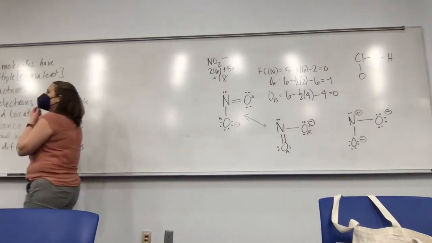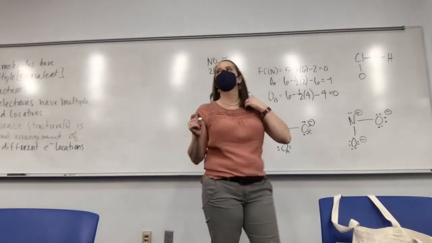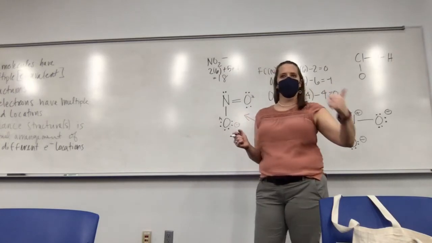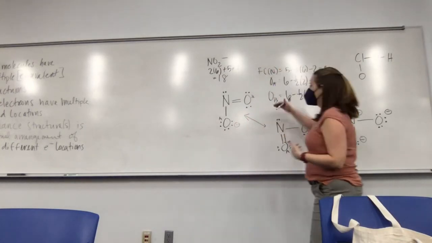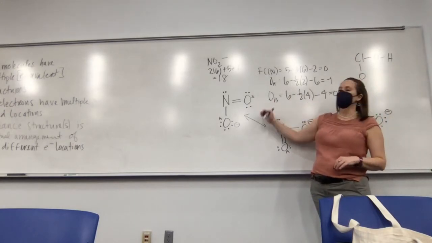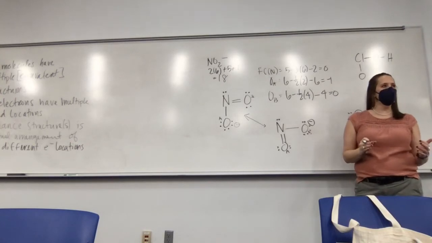What that means is that the electrons can be in more than one place. So, if you are asked to draw the resonance structures, you have to draw all the possibilities. So for NO2 minus, there are two possibilities. One here, one here. They should have the same base structure.